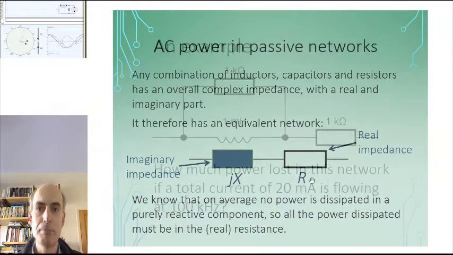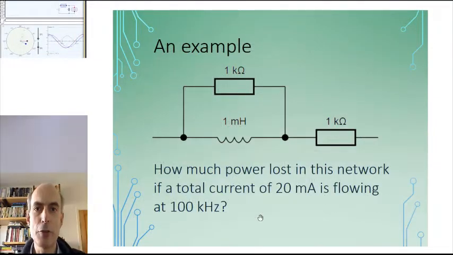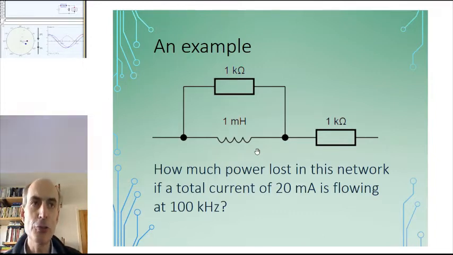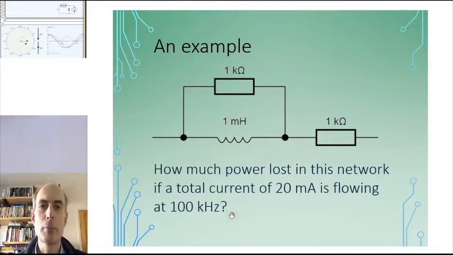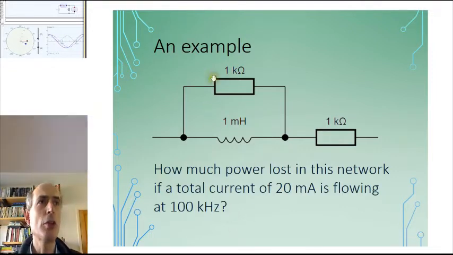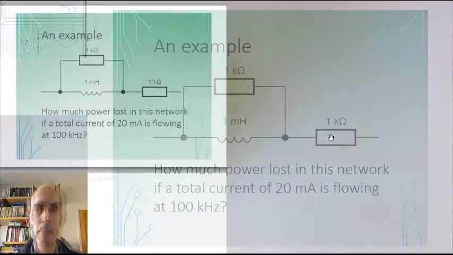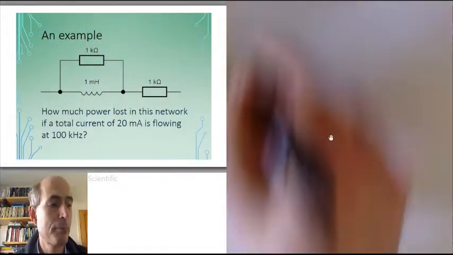For example, suppose we had this passive network, two 1K resistors and a 1 millihenry inductor, and we want to know how much power is lost when 20 milliamps in total current is flowing through it at 100 kilohertz. What we need to know is what is the total complex impedance of this network expressed as a real part plus an imaginary part. And we can work that out.